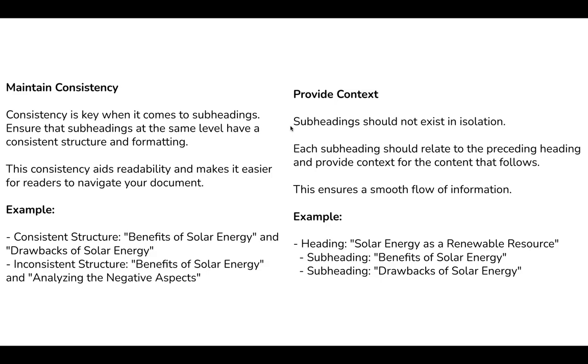Or if they scroll down and did not read the solar energy as a renewable resource section and they just see benefits of solar energy, they know that, okay, I can start reading from here. Because if it just says benefits, they will be like, benefits of what, and they will not understand that easily. So yes, provide context, and subheadings should not exist in isolation.